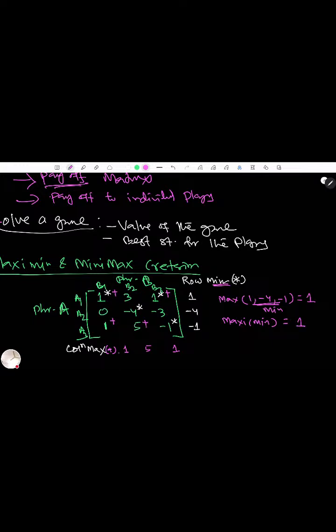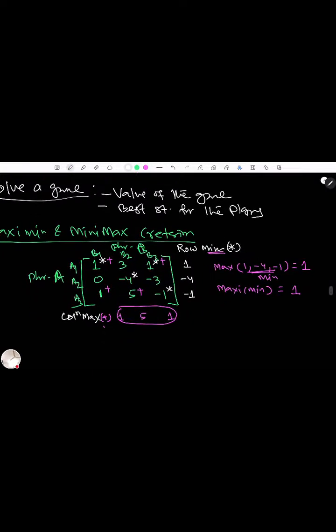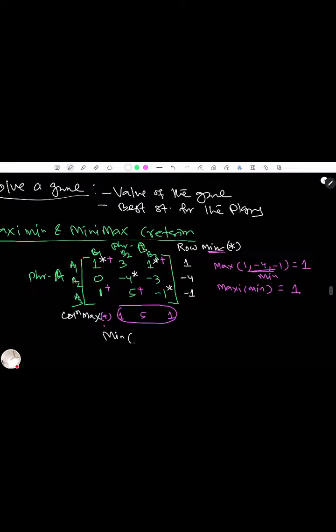And here, we find the minimum of the column maxima, the minimum of 1, 5 and 1. We call this the minimax value. The minimax value here is 1. And you see that the maximin value is equal to the minimax value.